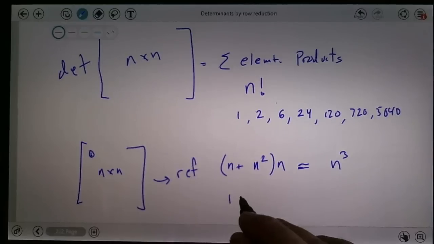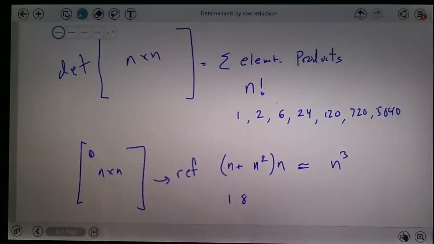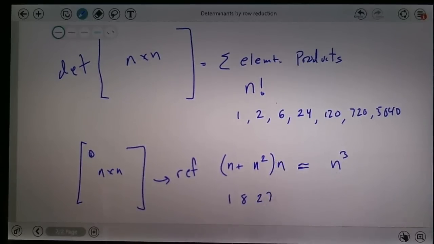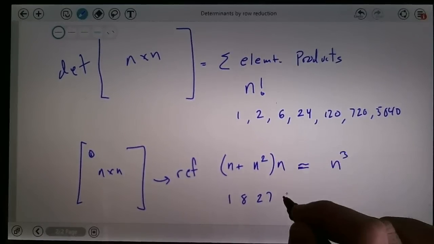So n cubed grows like, 1 cubed is 1, 2 cubed is 8, 3 cubed, I should be able to do this quickly, right? 27. So initially it looks pretty bad, but 4 cubed is 64.